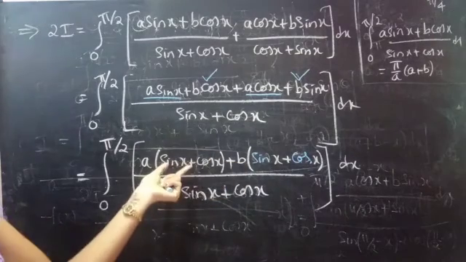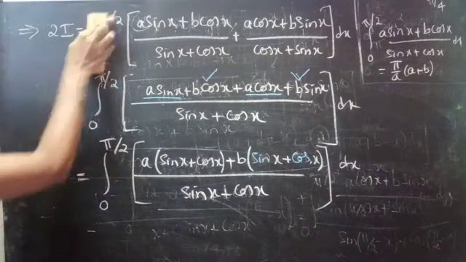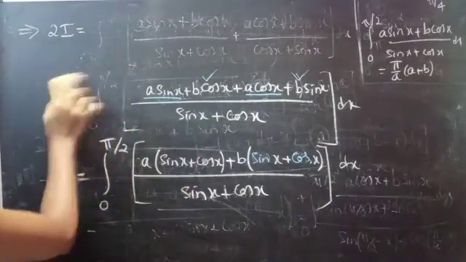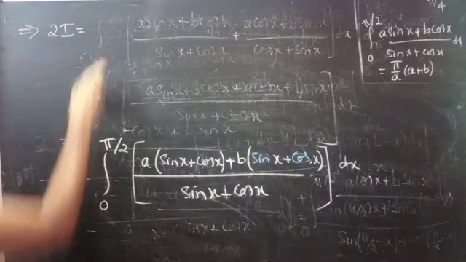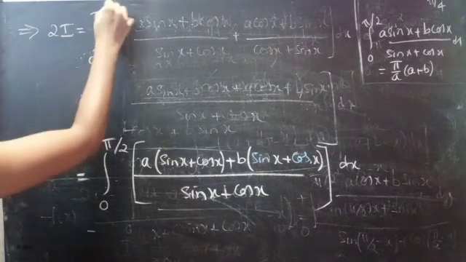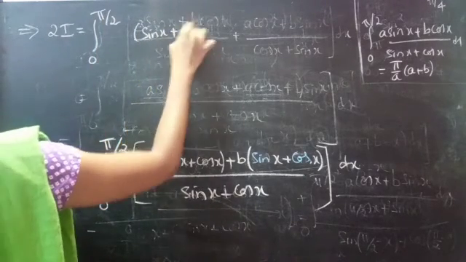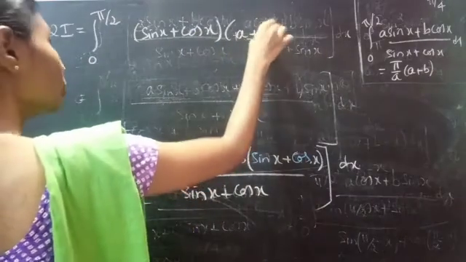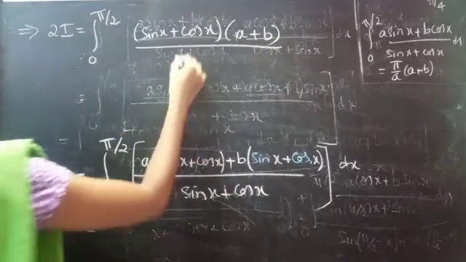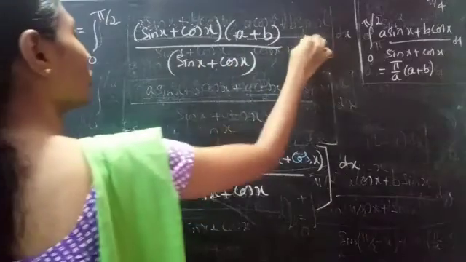So this equals integral 0 to pi by 2. I'm taking sin x plus cos x common from these two terms, so I'll get a plus b by sin x plus cos x into dx.